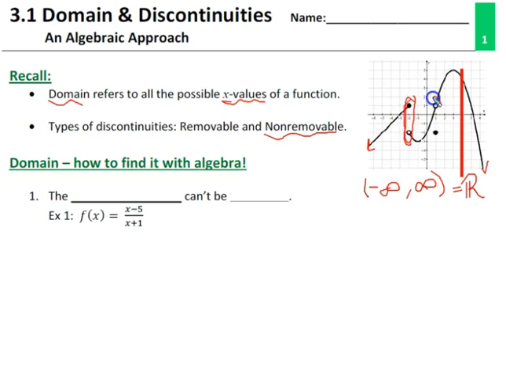But you could also classify this item right here as a jump because you're jumping between values. But you can also consider it a removable because we specifically have that hole. I would consider it more a removable type than a non-removable jump, because it is specifically a hole.